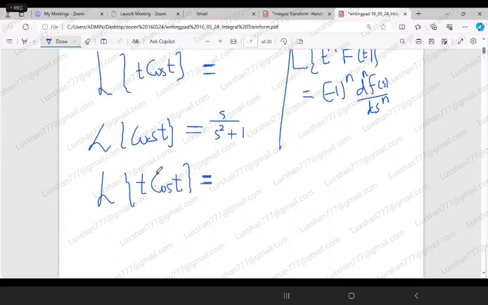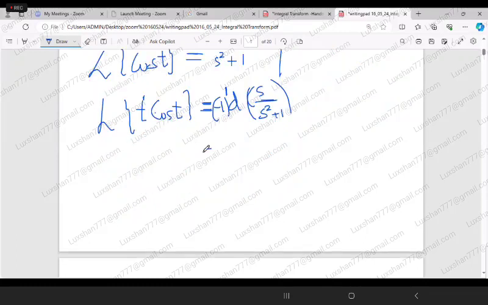Okay. So here the value of n is 1. Therefore, this is nothing but the derivative of s over s square plus 1 into minus 1 to the power 1.